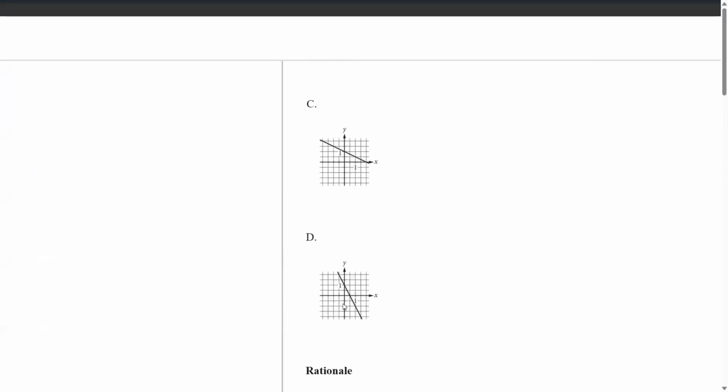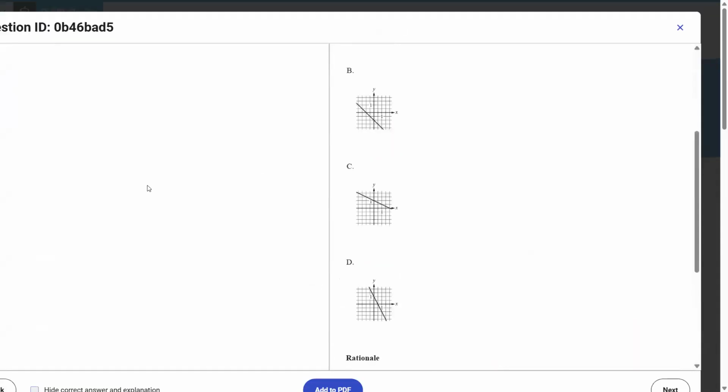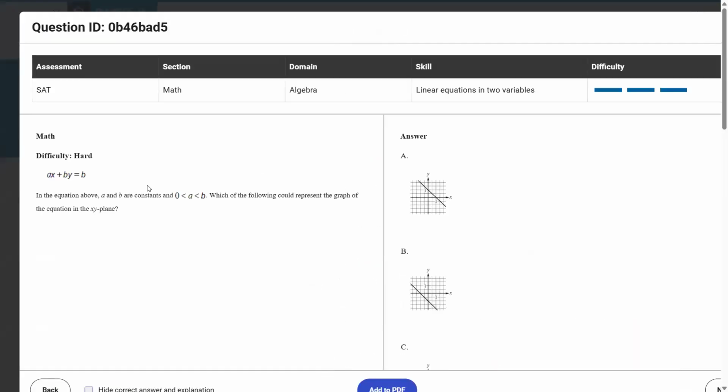Also here, the y-intercept is 1 and the slope is negative. So something else we have to know. y equals minus a over b plus 1.